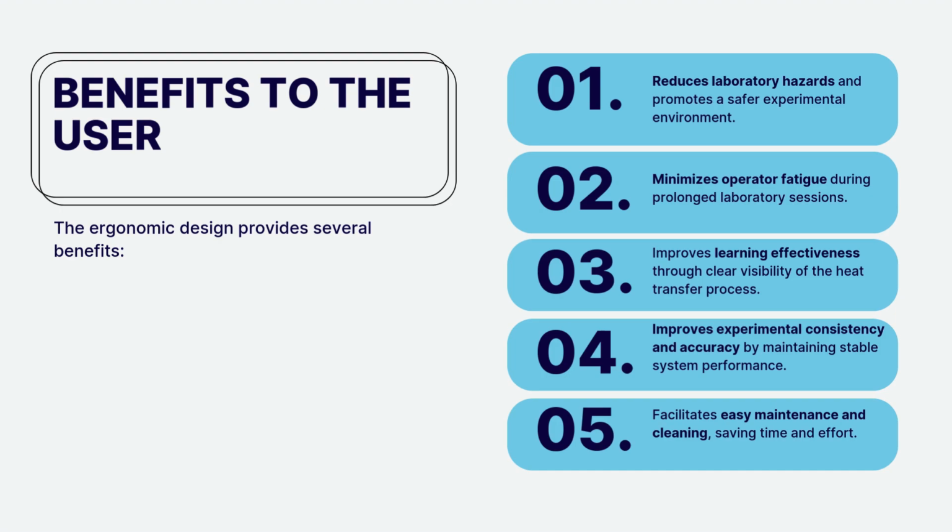So third, the system improves learning effectiveness. The transparent casing allows students to clearly observe the heat transfer process inside the copper tube. This visual observation enhances understanding of theoretical concepts by connecting them to real practical application.